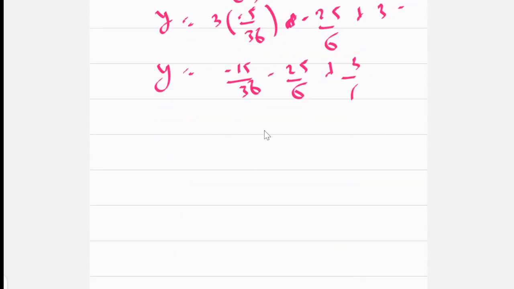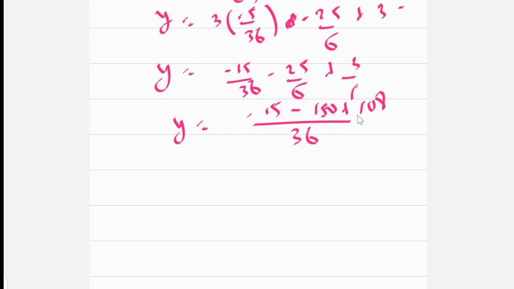So if you find your LCM, it will be 36. This is 75, then 6 into 36 will give me 6, so what is 25 times 6? 25 times 6 will give me 150, right? 1 into 36 is 36, and 36 times 3 is 108.